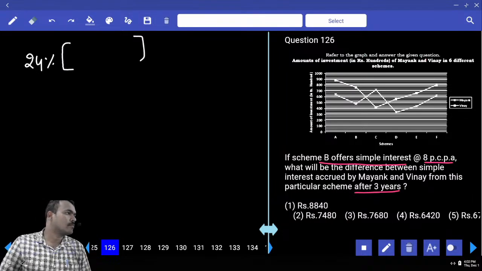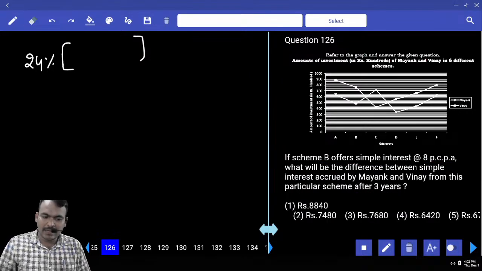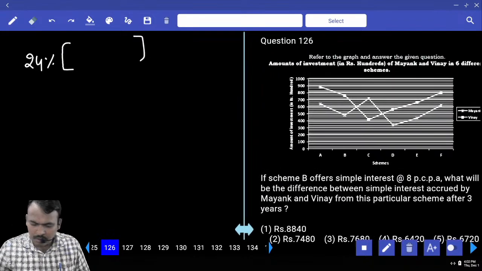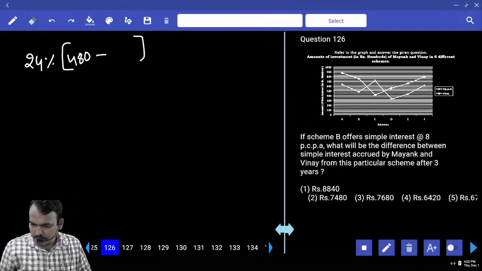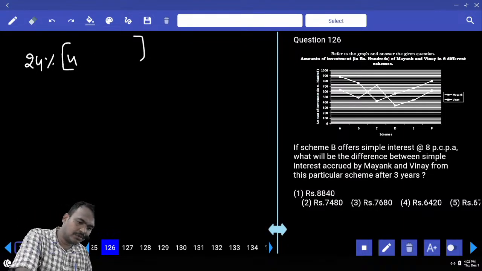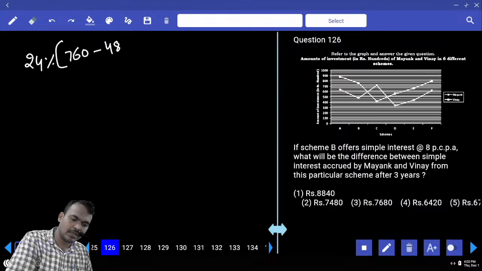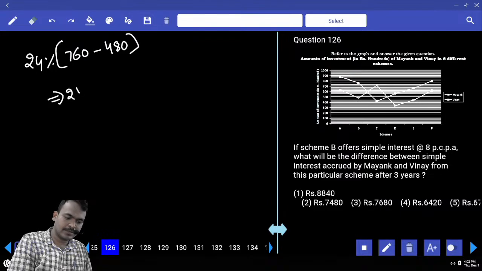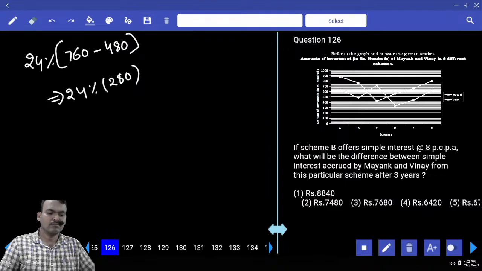What is the Mayank investment in scheme B? 480. Next, what is the Vinay investment? 760. What is the difference between 480 and 760? 760 minus 480, that is 280. Then we require 24% of 280.